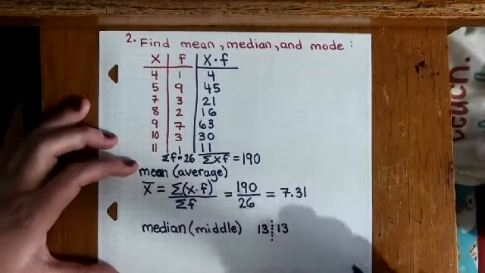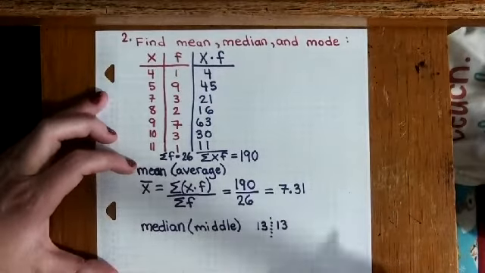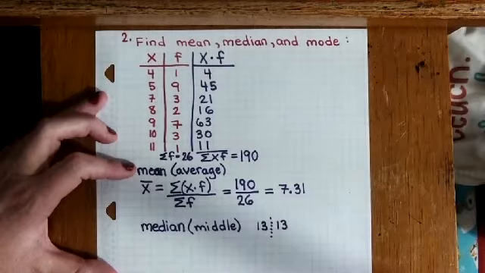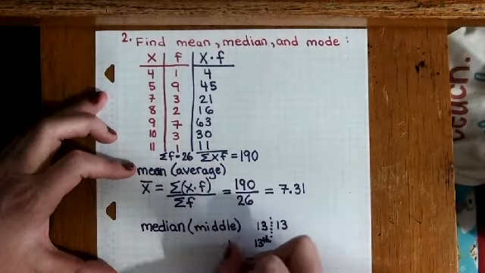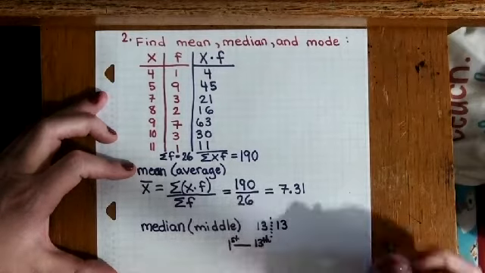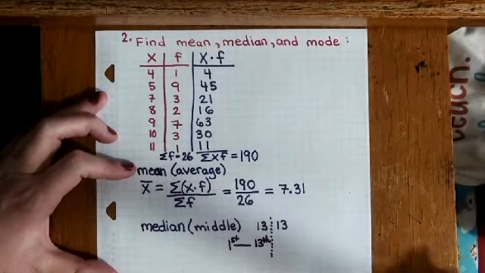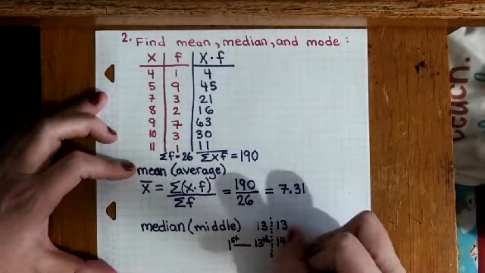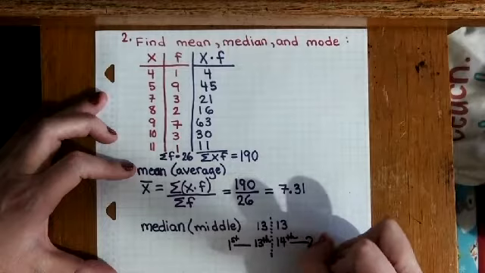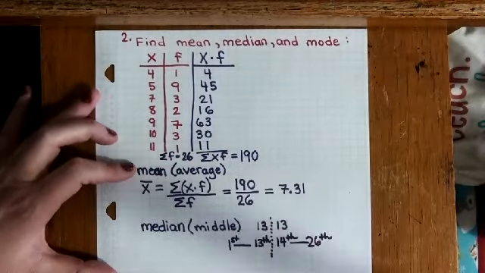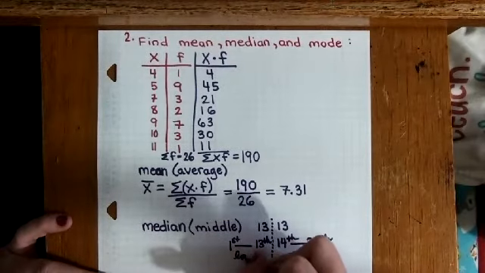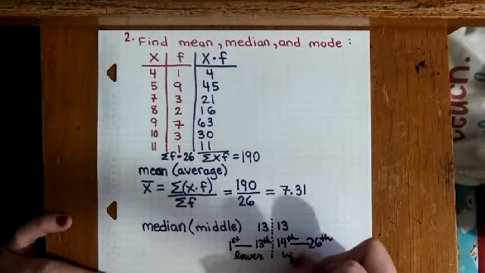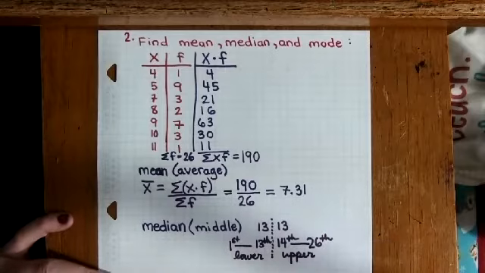Again, we don't have a clear middle, right? So what we would do is find the 13th entry, because we have the 1st through 13th entry on one side on one list, and we'll have the 14th through 26th entry in the upper list, right? So we split our list into the lower list and the upper list, for example.